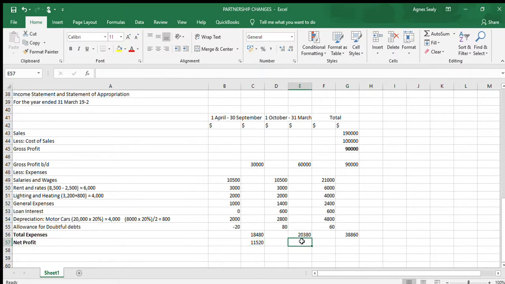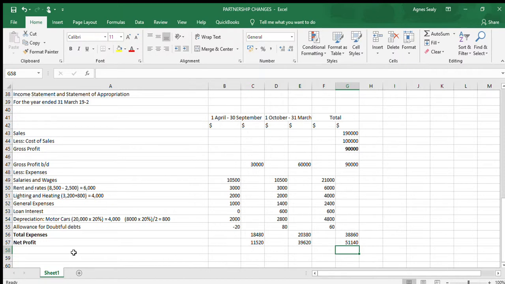And our net profit for the period October 1st to 31st of March is $39,620. So our net profit for the entire year would have been a grand total of $51,140.